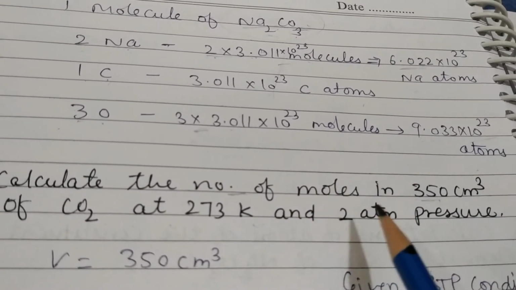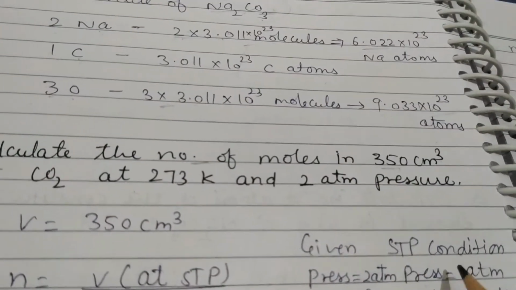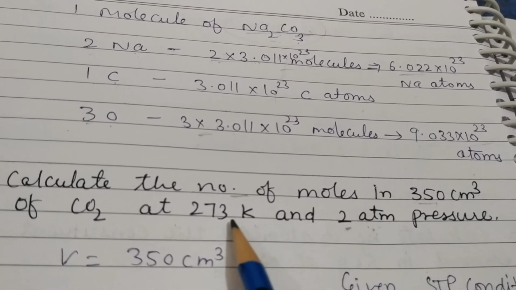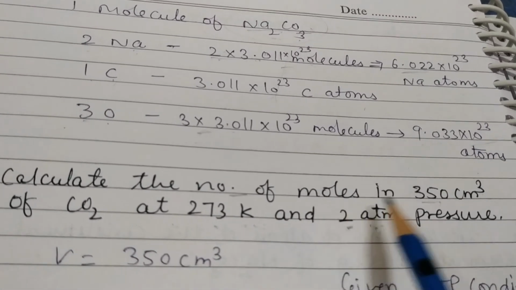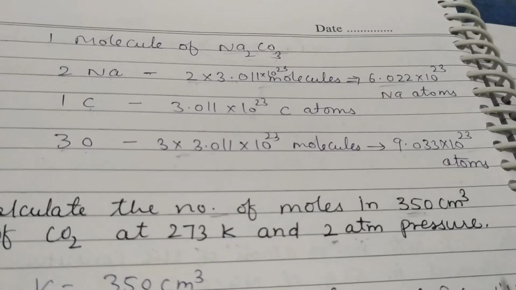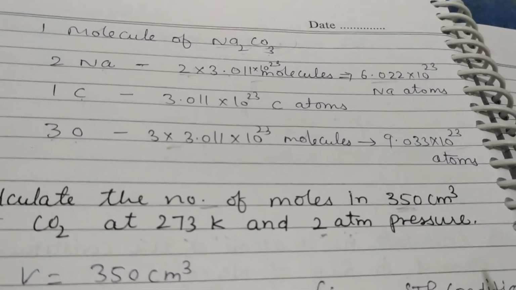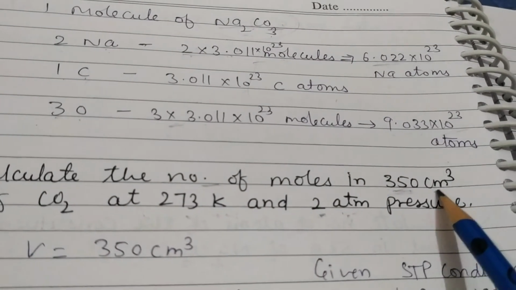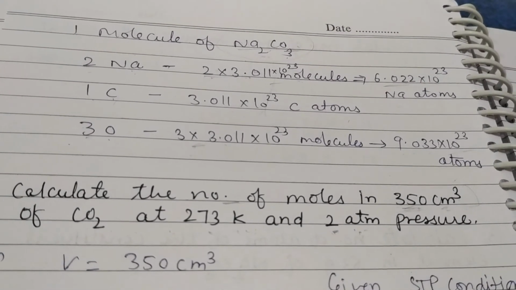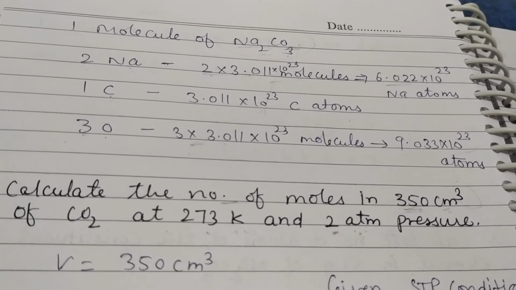STP conditions, right, that will be 1 atmospheric pressure and 273 Kelvin, and the volume value which we have is also required in liters, not in centimeter cube. So we have to convert this value also. So let's do it.